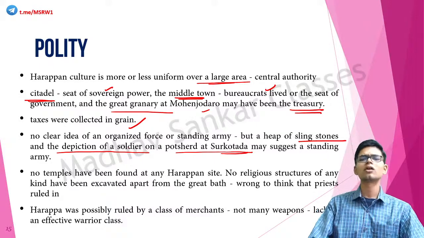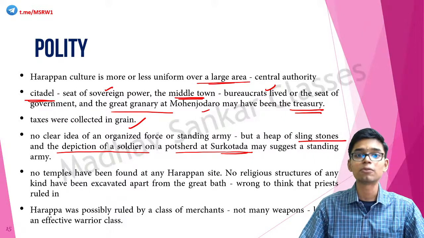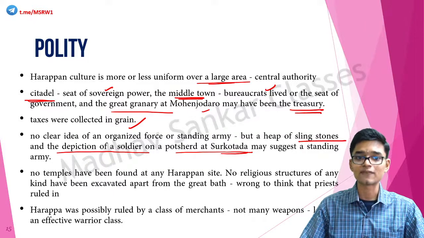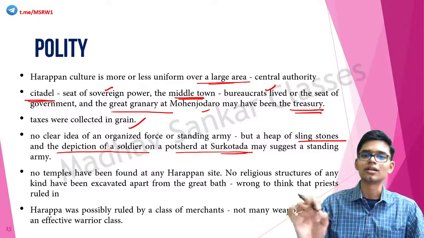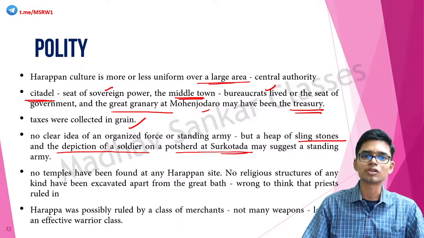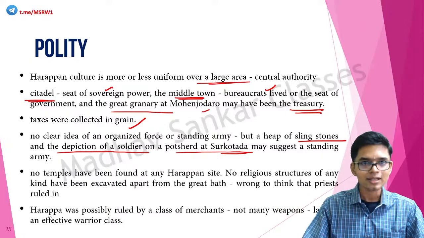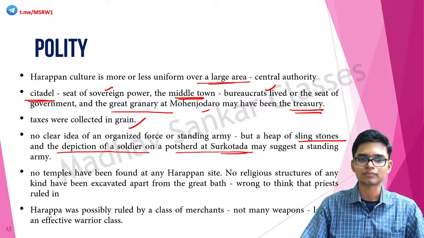We do not have concrete evidence to prove any of this, but we have come across a heap of sling stones, and a depiction of a soldier on a potsherd in Surkotada. So archaeologists believe these point to the fact that there was a military system, some kind of standing army in Harappan civilization.